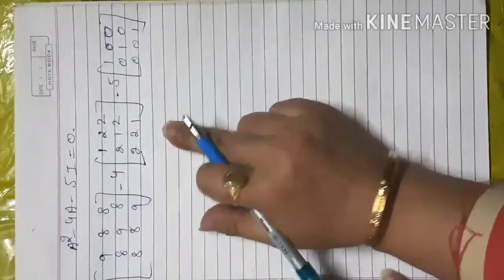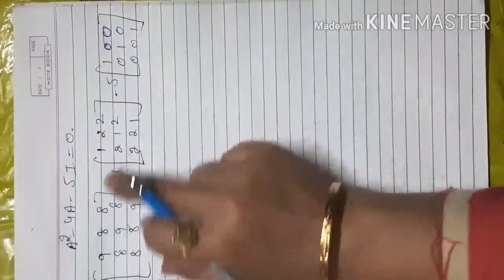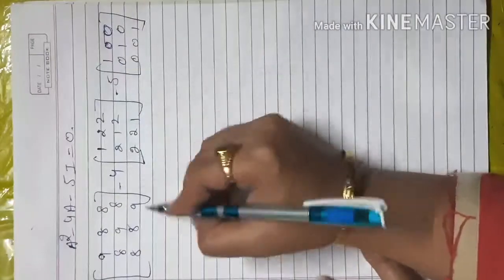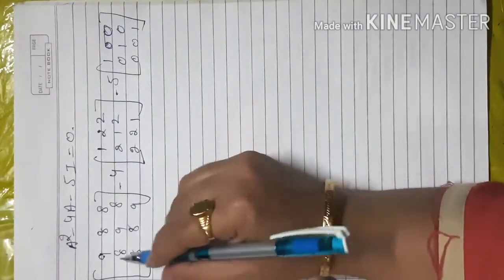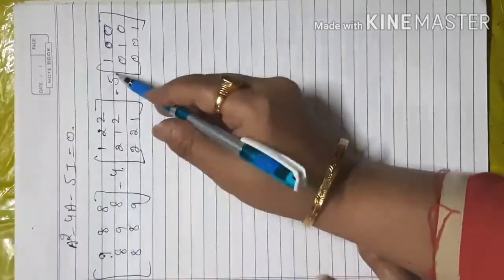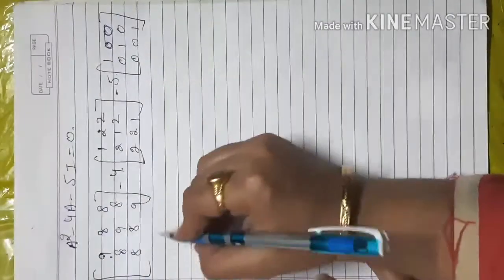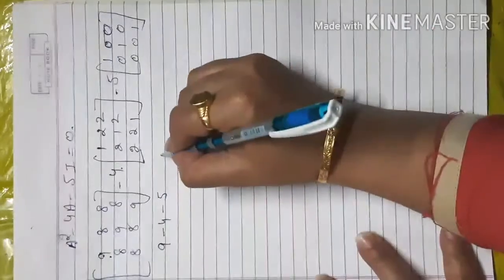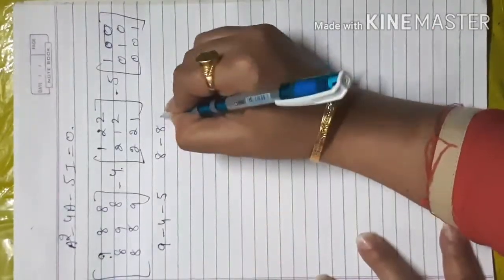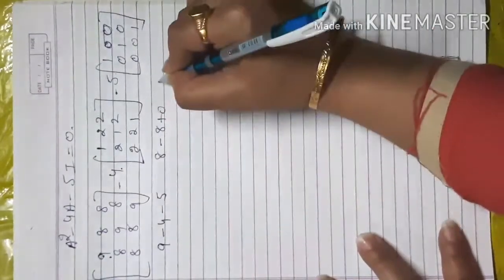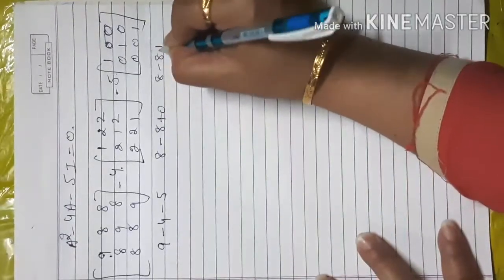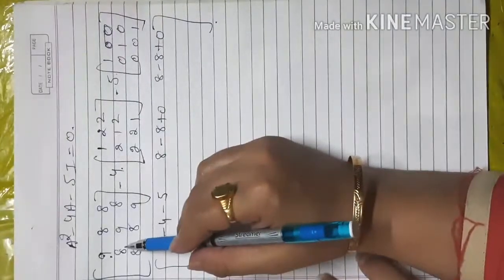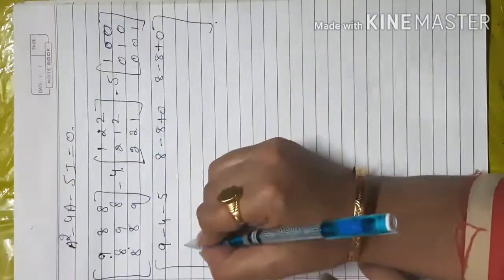First you have to check whether this is equal or not. So now when you subtract, like 9 minus 4 and minus 5, the same positions will be subtracted and added. So that will be 9 minus 4 minus 5, 8 minus 8 plus 0, then 8 minus 8 plus 0. Here also 8 minus 8 plus 0.